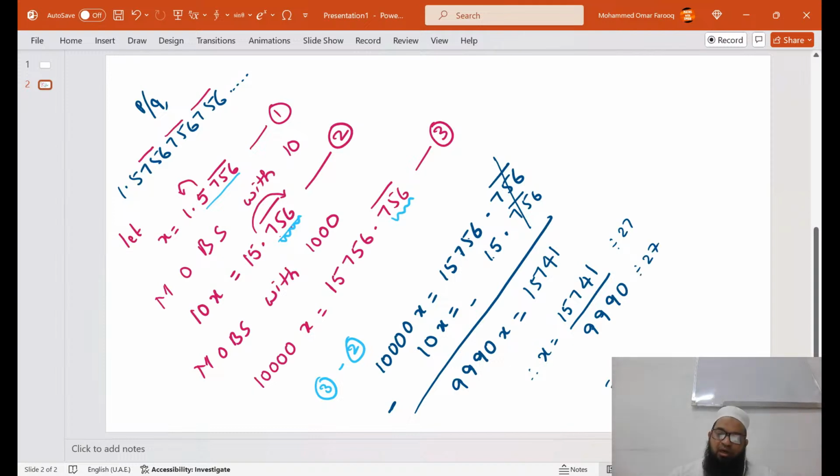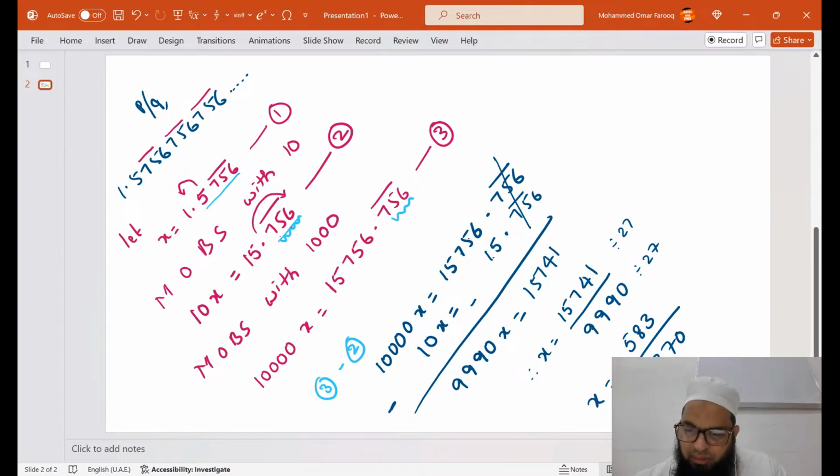What happens when you divide with 27? So you can calculate. Let me calculate it fast using a calculator. In examination, you have to do it on your own. So in the numerator, you get 583, and in the denominator, 9990 divided by 27 is 370.